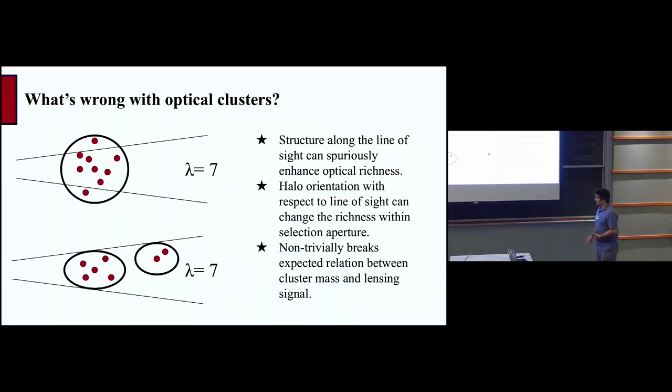I've drawn a cartoon to heuristically describe this. You can imagine two optical clusters, one that is well-behaved and one that is misbehaving in two different ways. When you do optical cluster selection, you're essentially looking for projected overdensities of red sequence galaxies, and you have photometric redshifts to distinguish their distance from the true cluster system.